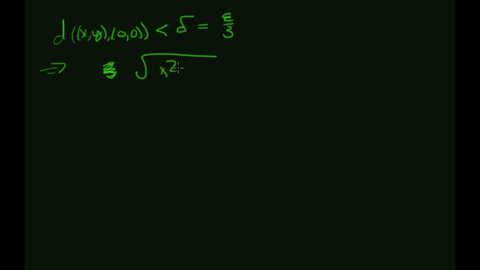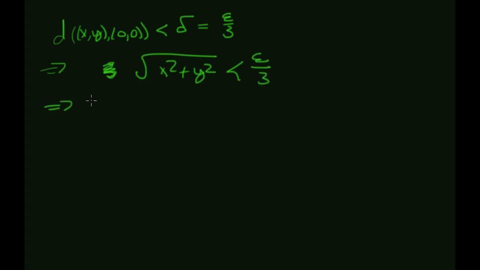I have that the distance from xy to 0, 0 must be less than delta, which means that it is equal to epsilon over 3. So this distance is less than epsilon over 3. So that implies that the square root of x squared plus y squared has to be less than epsilon over 3.